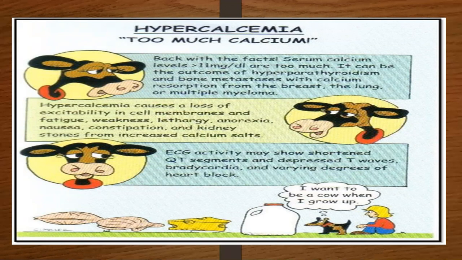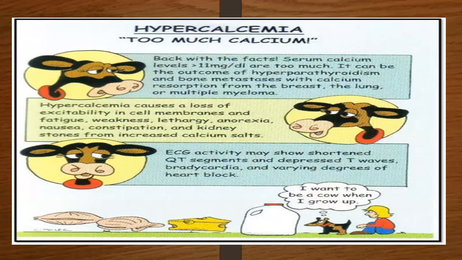It can be the outcome of hyperparathyroidism, and bone metastasis, or bone cancer, okay, with calcium reabsorption from the breast, the lung, or multiple myeloma. Hypercalcemia causes a loss of excitability in the cell membranes and fatigue, weakness, lethargy, anorexia, nausea, constipation, and kidney stones from the increased calcium salts.